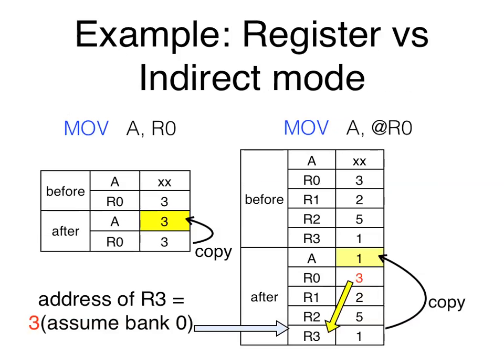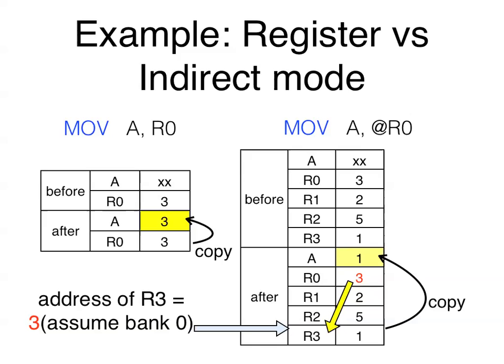So here's just a simple illustration. If you do move A comma R0, in other words, you move the content from register R0 to A, then if R0 contains 3, after that A contains 3.